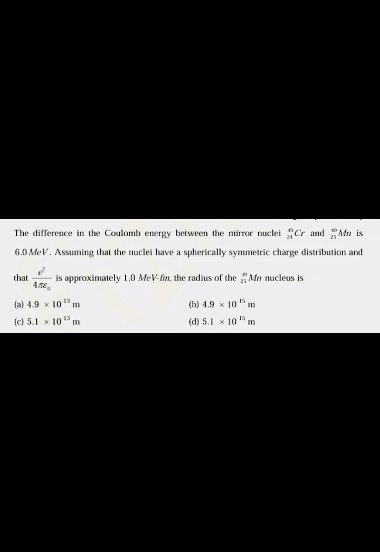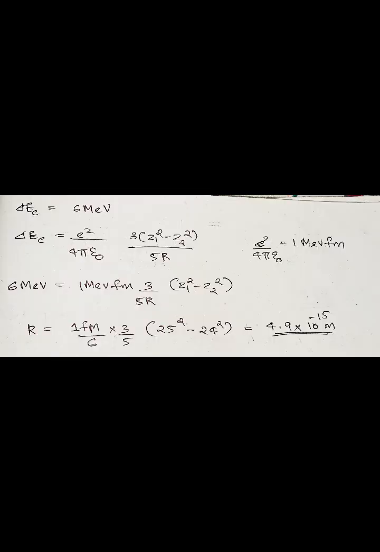Assuming that the nuclei have a spherically symmetric charge distribution, and that e²/4πε0 is approximately 1 MeV femtometer, what is the radius of the 25Mn49 nucleus? Here ΔE_C, the Coulombic energy, is 6 MeV, and ΔE_C = e²/4πε0 × 3(Z1² − Z2²)/5R. Given e²/4πε0 is 1 MeV femtometer, we can write 6 MeV = 1 MeV femtometer × 3/5R × (Z1² − Z2²).